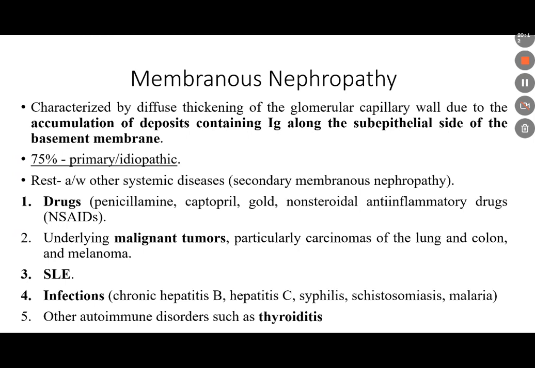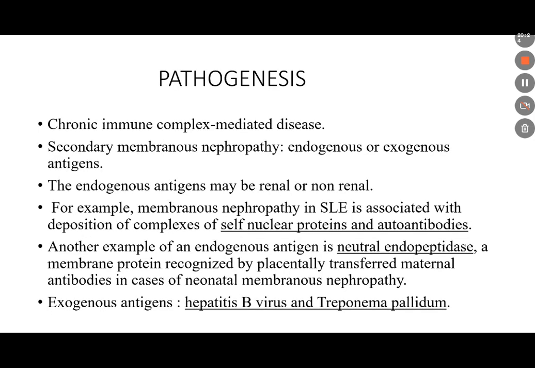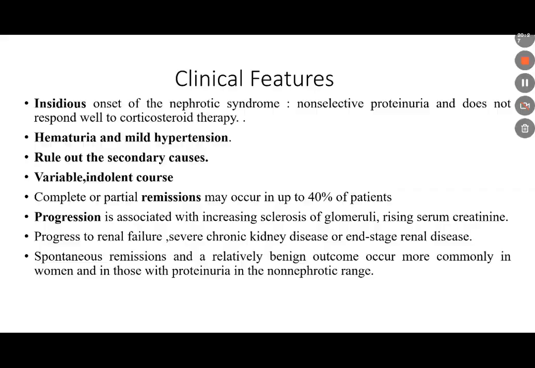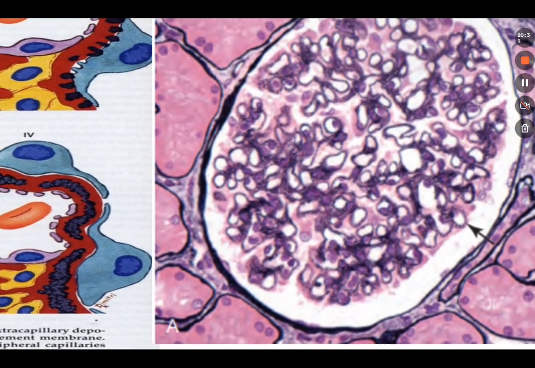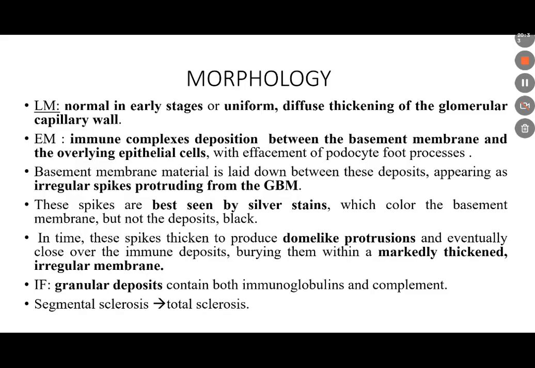There are subepithelial deposits, immune complex deposition along the glomerular capillary wall, which is causing thickening of the glomerular capillary wall, and it is usually idiopathic. It has usually insidious onset, and again you will see these irregular spikes on silver stain.